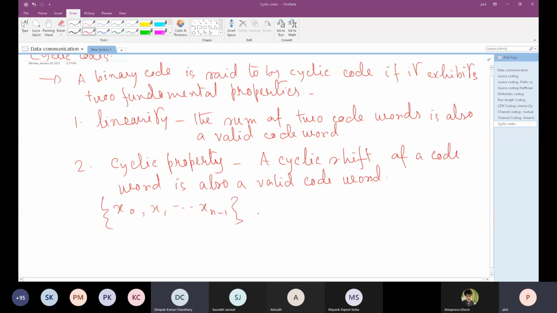After a cyclic shift of 1 towards the left, sorry, left cyclic shift, similarly xn minus 1, x0 and all those things up to xn minus 2 are the cyclic shifted versions.